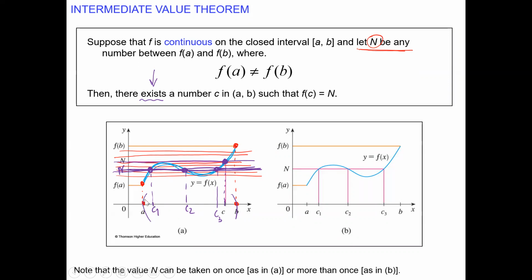However, we will know that they are placed between a and b. And if a and b form a relatively short interval, then we can approximate these values. So that's the existence theorem. We're proving that the numbers exist.